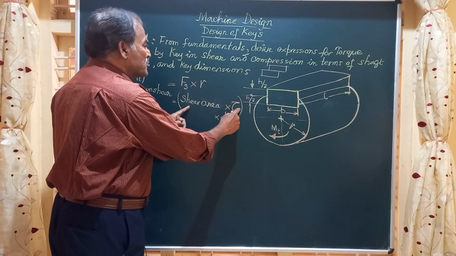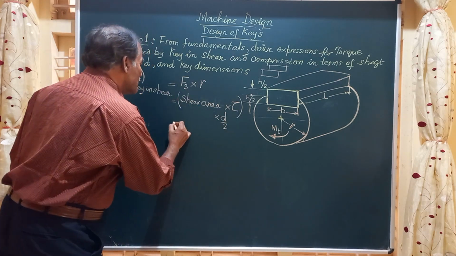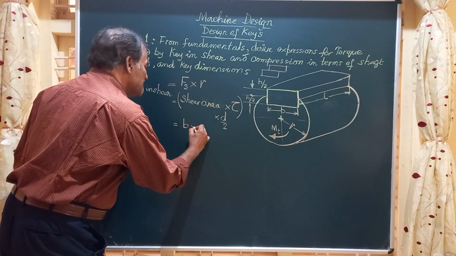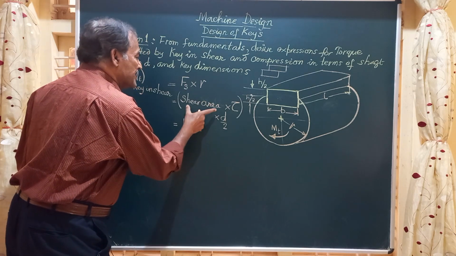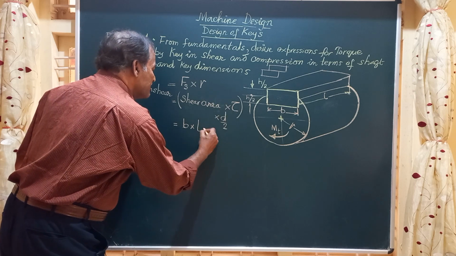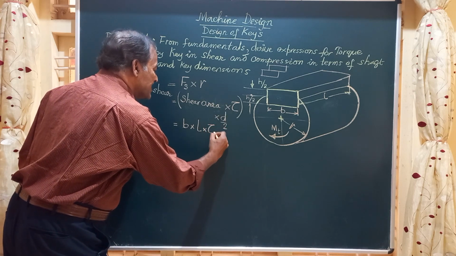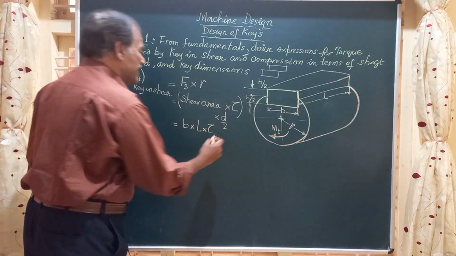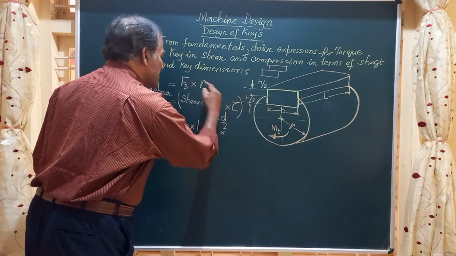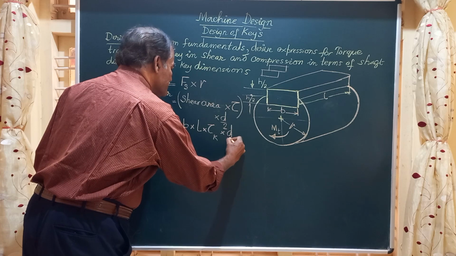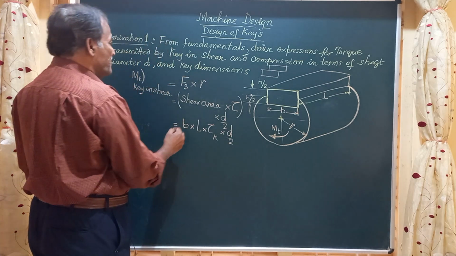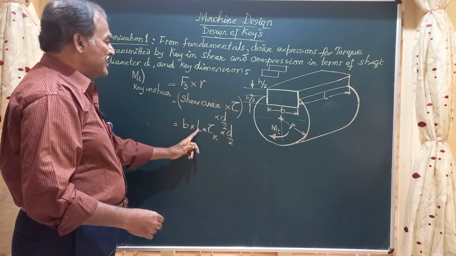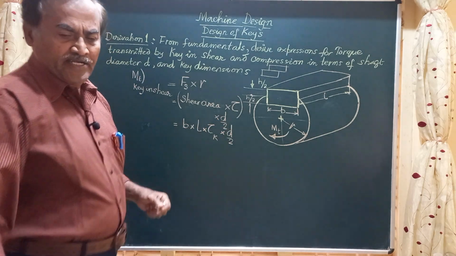Area into stress will give you the load. So the shear area is B into L, the length of the key being L, multiplied by tau. This is for the key and hence I designate it as tau k, multiplied by R, that is d by 2. If you simplify, Mt of the key in shear is going to be B L tau k d by 2.